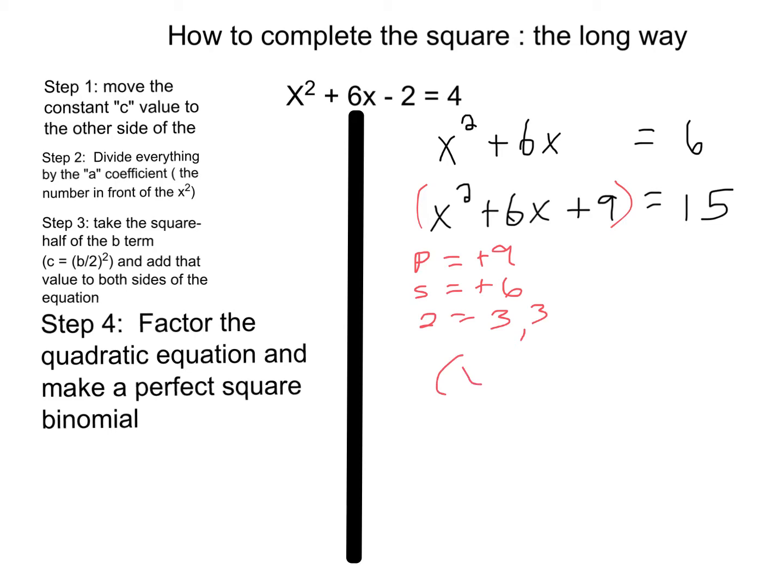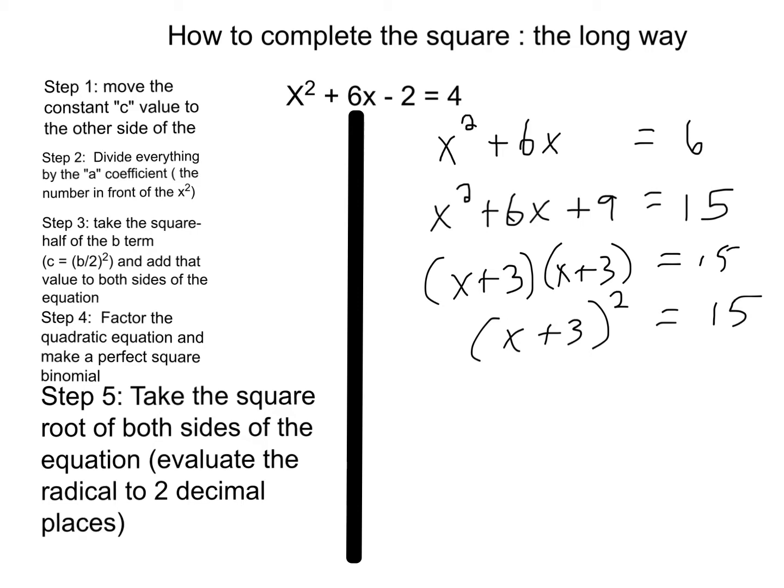So we have x plus 3 and x plus 3 is equal to 15. Or we should properly write this as x plus 3 squared equals 15.